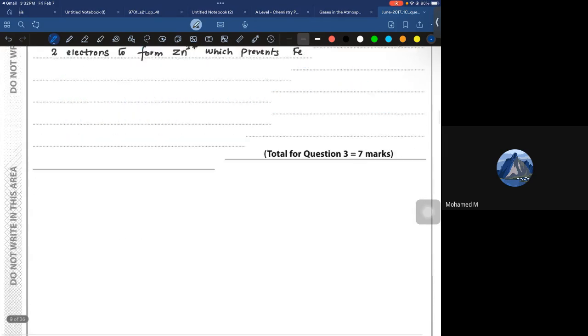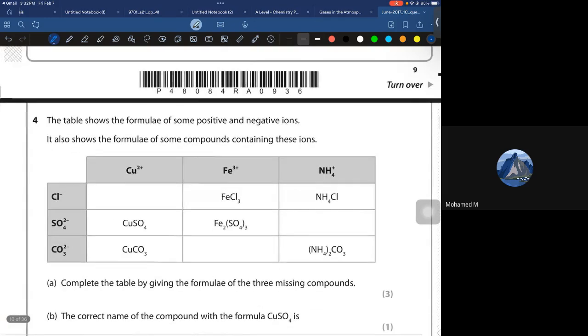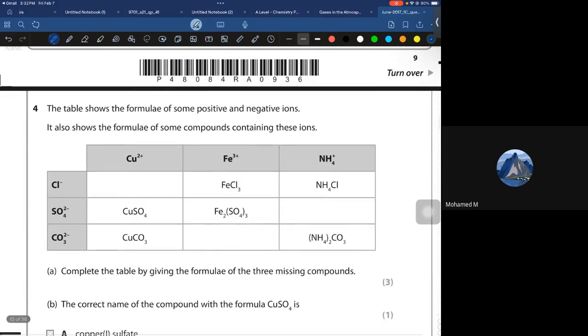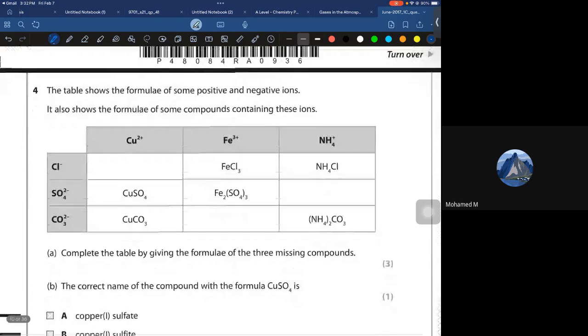That's the reason. In this way, the zinc is going to lose electrons and it prevents iron from losing electrons.